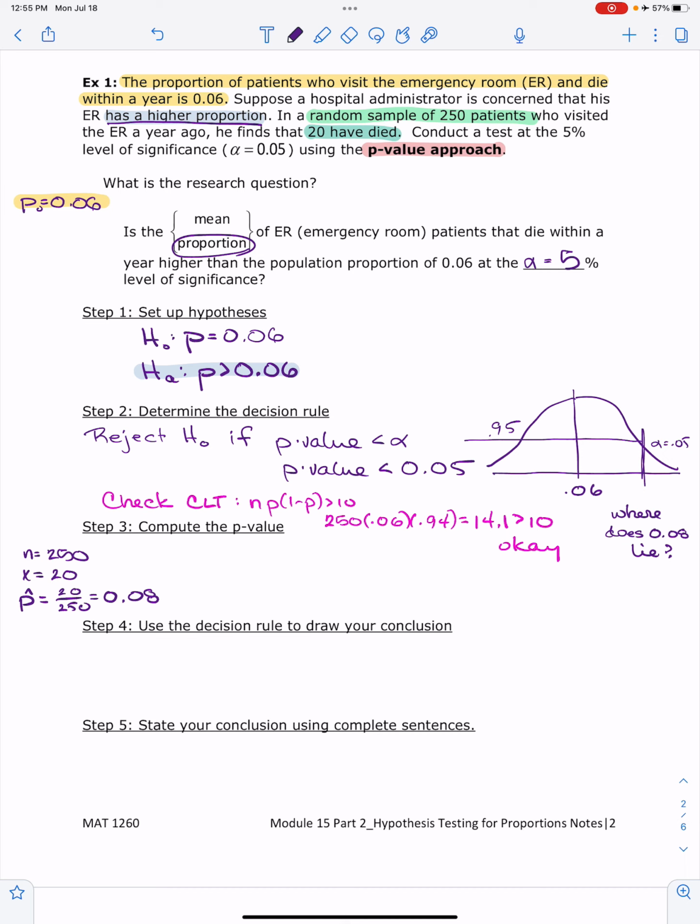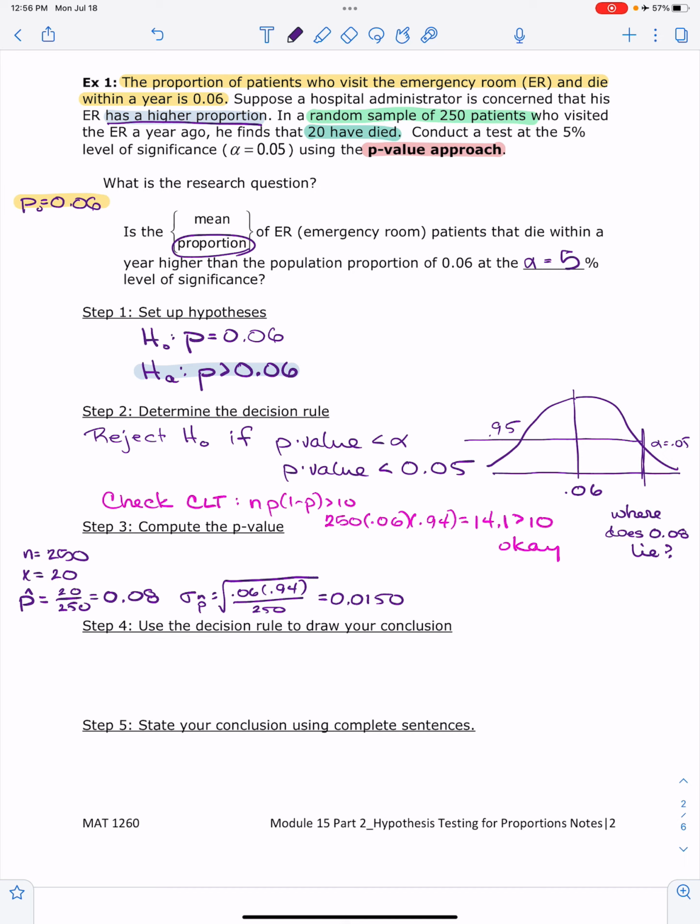I need my standard deviation for my sample proportion. So here, I got the square root of 0.06, we always use the population parameters when we have them, times 1 minus 0.06, over n, 250. And I get 0.0150.